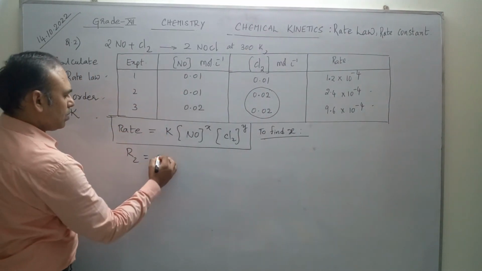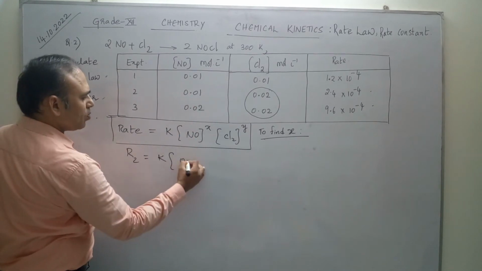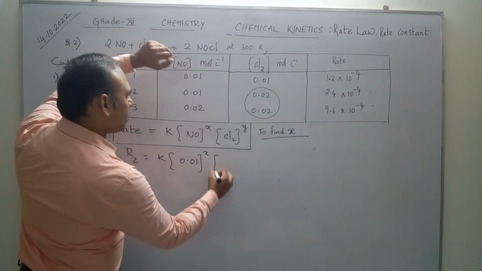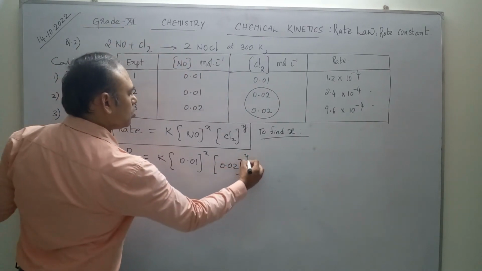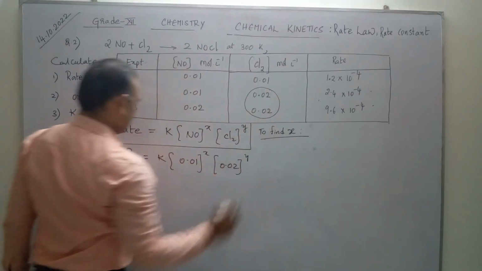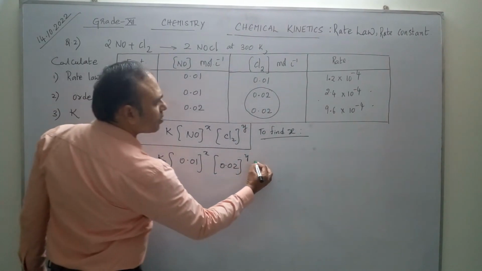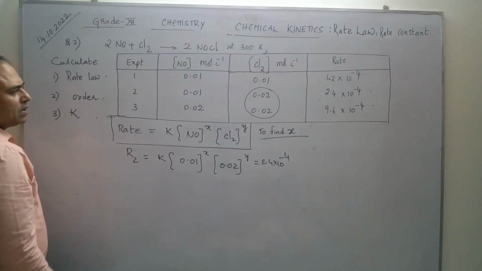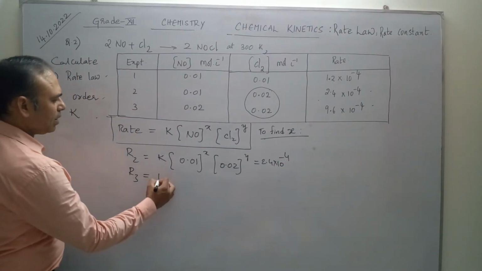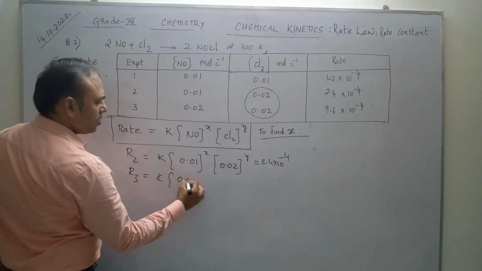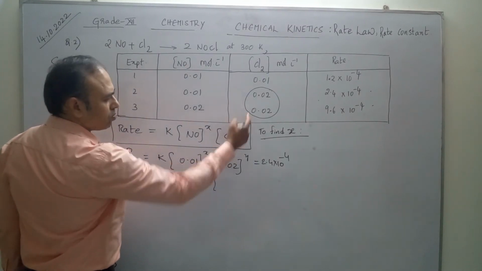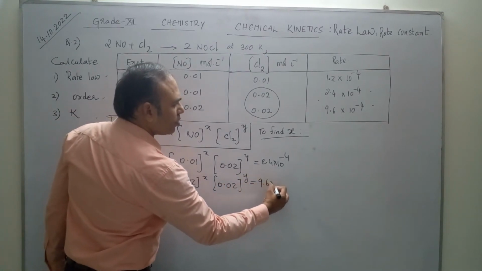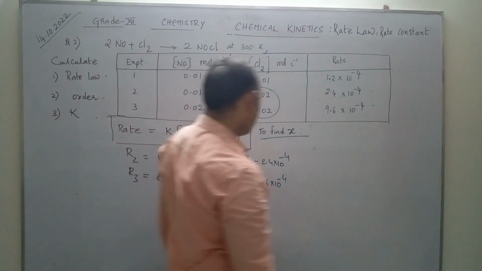R2 is equal to k into NO will be 0.01 to the power of X, and here we have 0.02 to the power of Y. And what is the rate here? The rate can be written as 2.4 into 10 to the power of minus 4. Next, R3 is equal to k into 0.02 to the power of X into 0.02 to the power of Y, and the value is 9.6 into 10 to the power of minus 4.